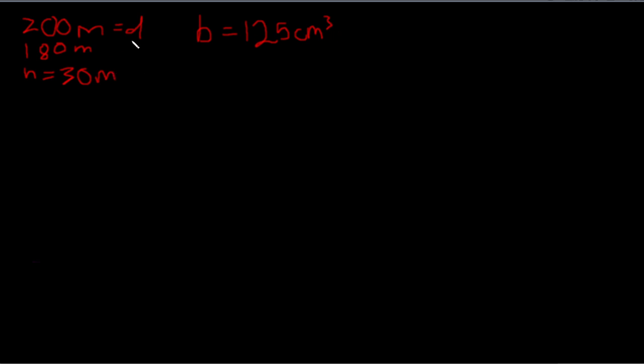Now to find the volume of the Colosseum, it would be pi r squared times the height. That's how we find the volume of the whole thing. The radius is half of the diameter, so 100 squared times our height, 30.